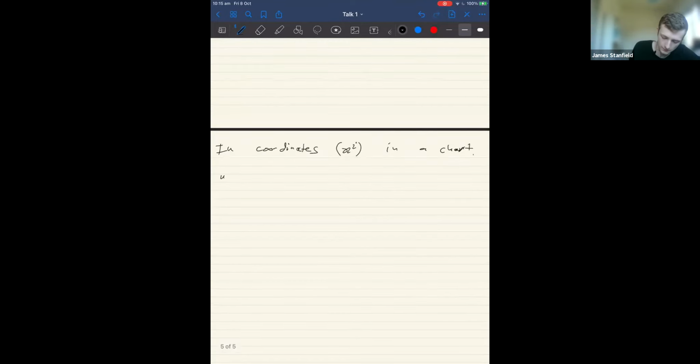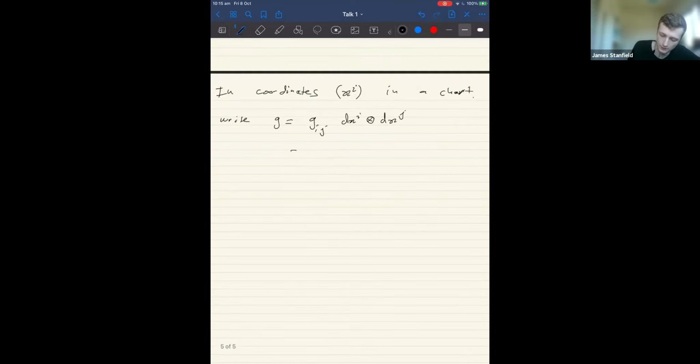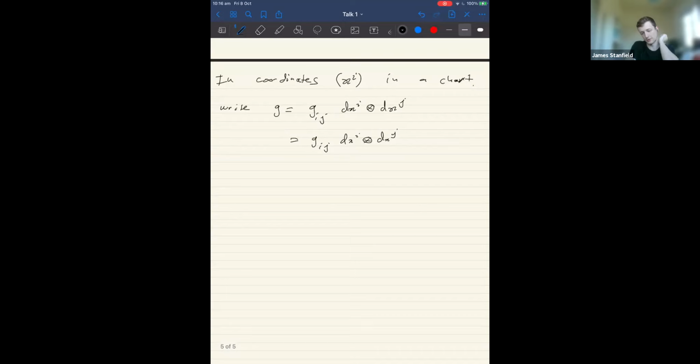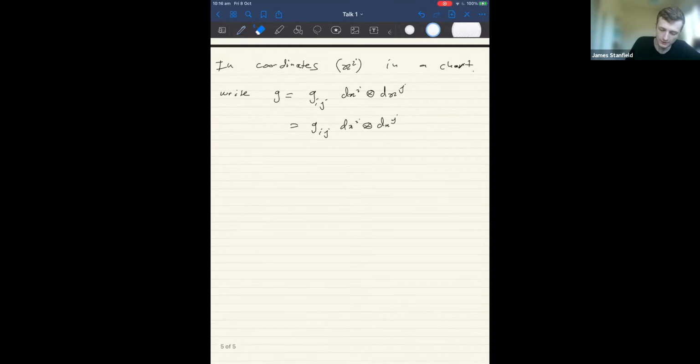So we can write g as just being g_ij dx^i tensor dx^j. I should say, for the record, that repeated indices are always summed, at least for this talk. So there is an implicit summation going on here over i and j. I've just written the same thing twice.